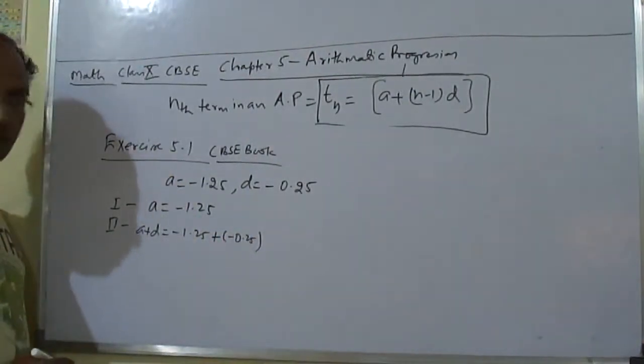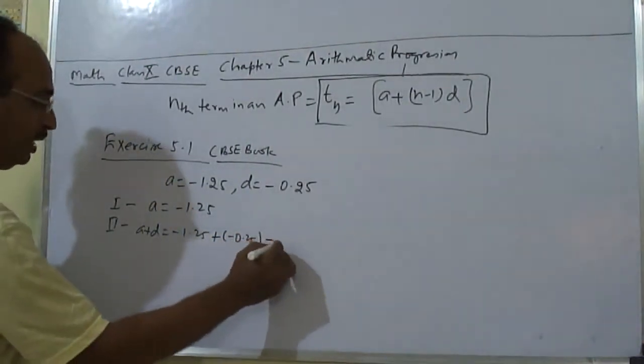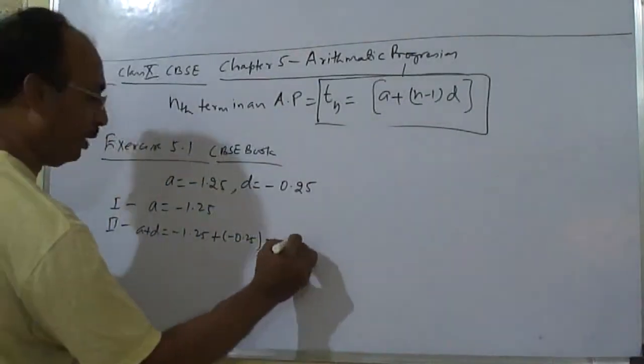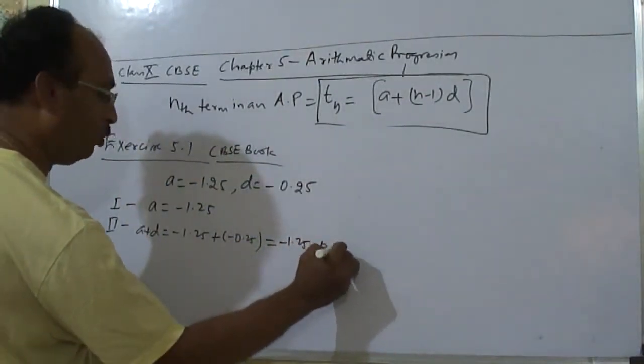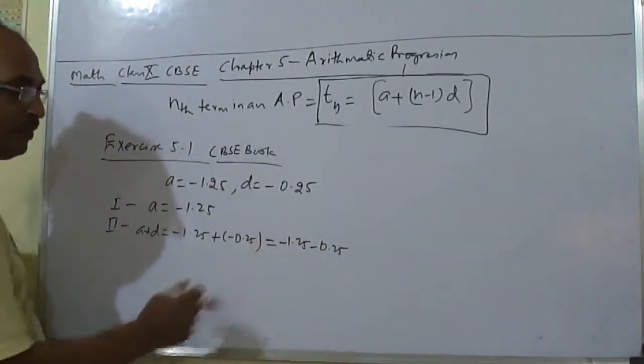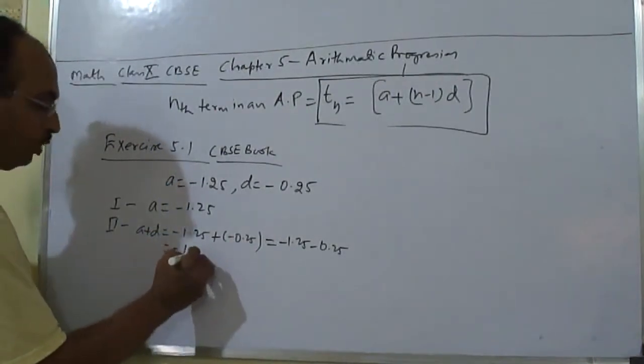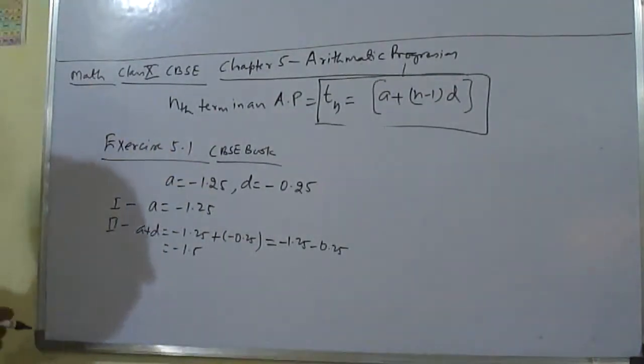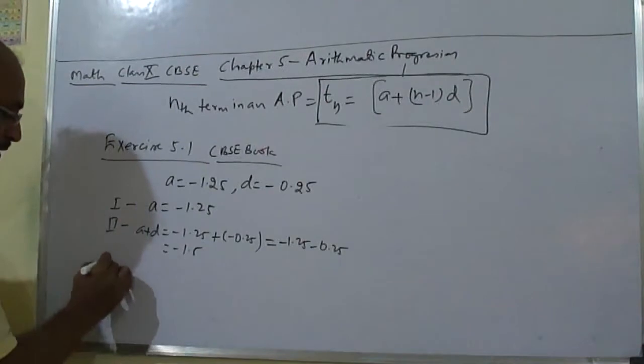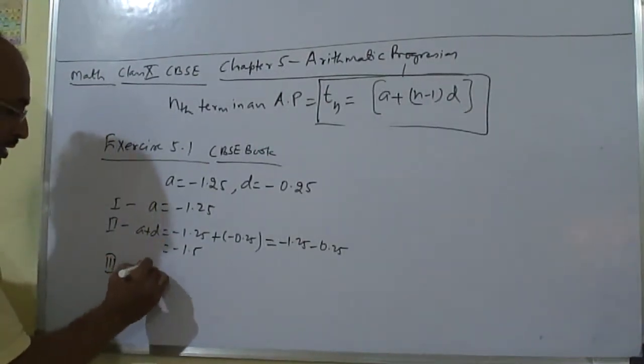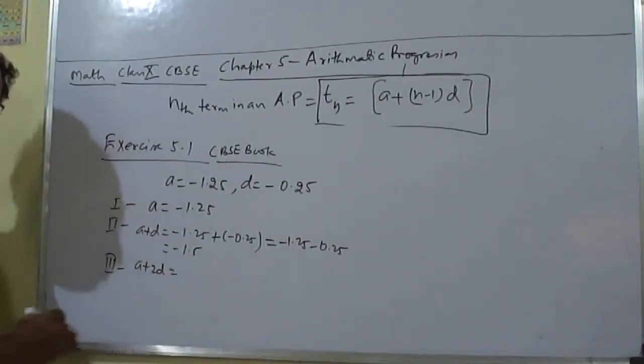So your second term is becoming minus 1.25 minus 0.25, so minus 1.5.